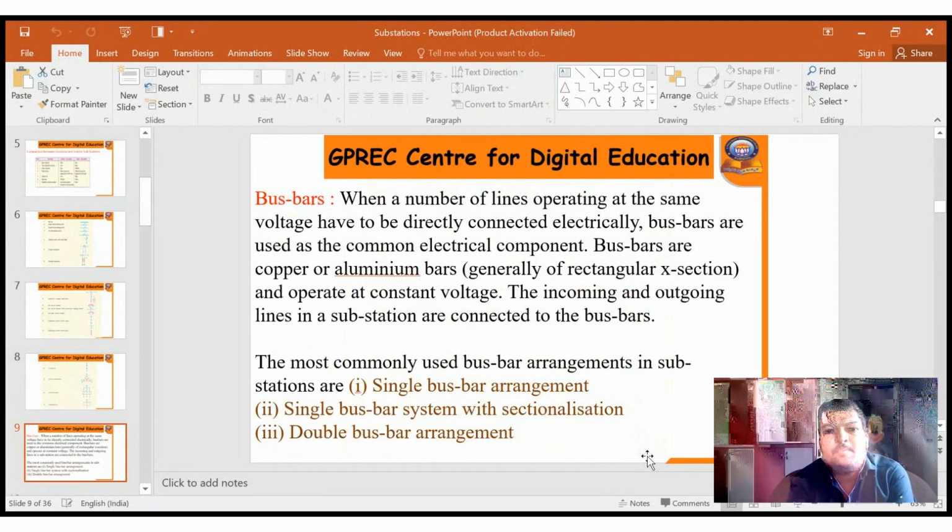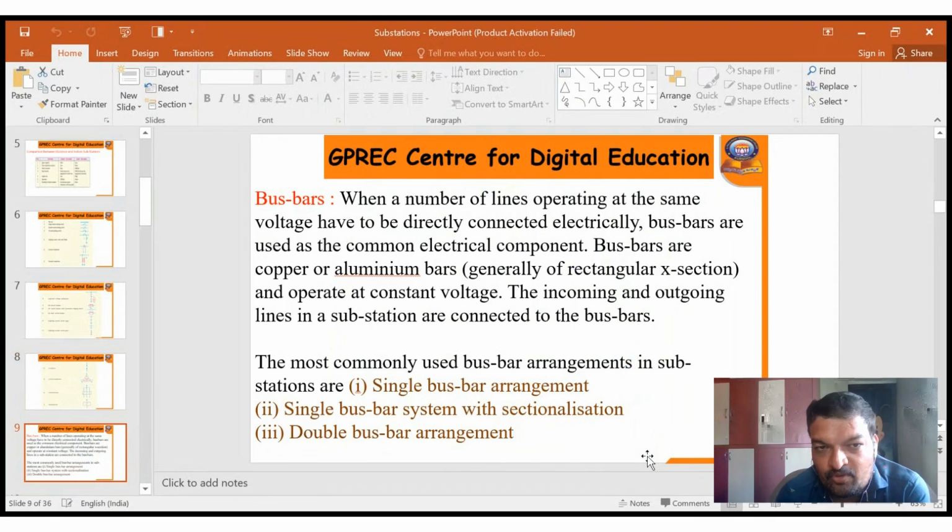So first, coming to the bus bar. When a number of lines operating at the same voltage have to be directly connected electrically, then they are commonly called bus bars. A bus bar is nothing but a common node voltage point where a number of lines operating at the same voltage are connected.